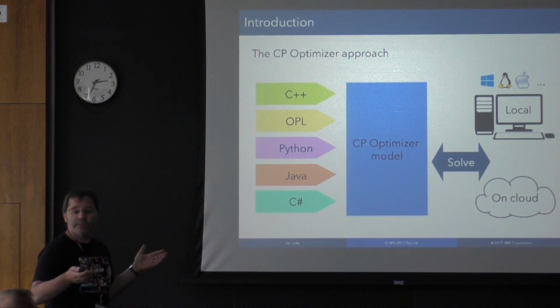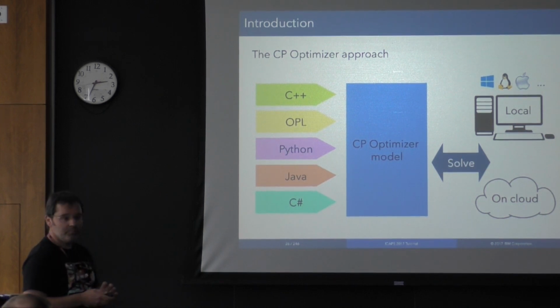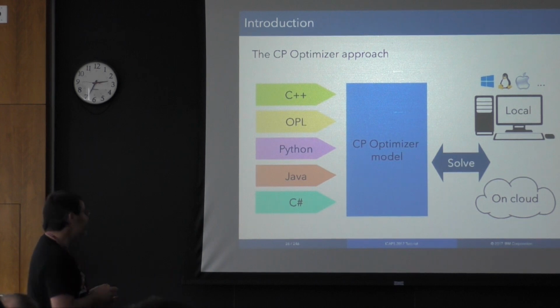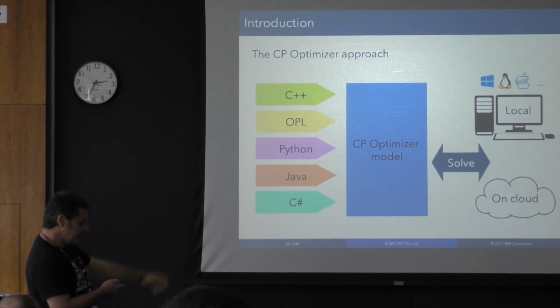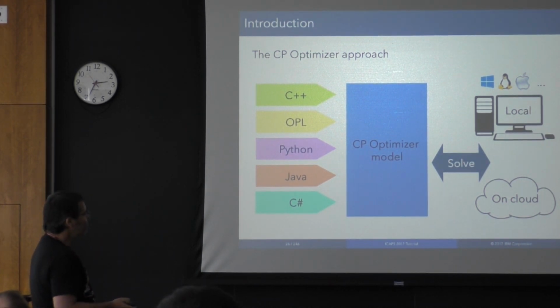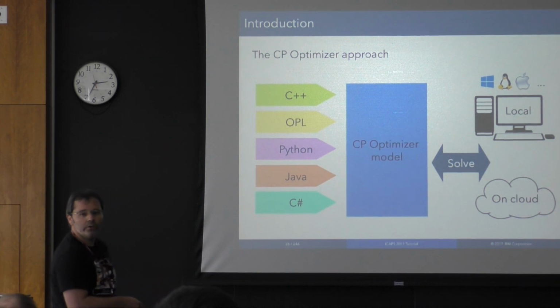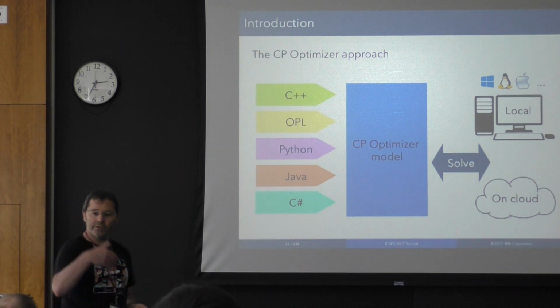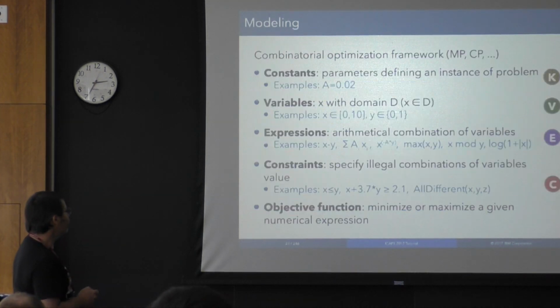If you're using CPLEX, maybe you're a user of OPL, so you can use OPL for modeling in CP Optimizer. We also have a Python API, and Java and C# APIs. Then, once you have built your model, classically, there are two ways to solve it. Either you can solve it locally or on the cloud, because with IBM we have some services on the cloud to solve your model.